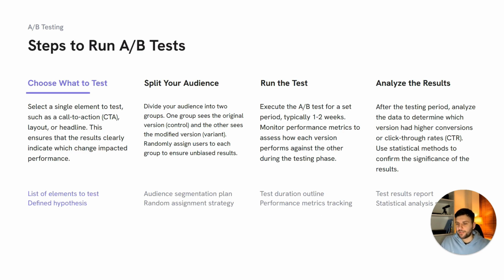Now, steps to run A/B tests. First of all, choose what to test. Select a single element to test, such as call to action, layout or headline, video, or the creative of the ad. This ensures that the results clearly indicate which change impacted performance.